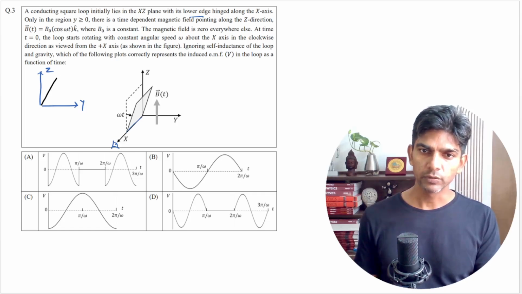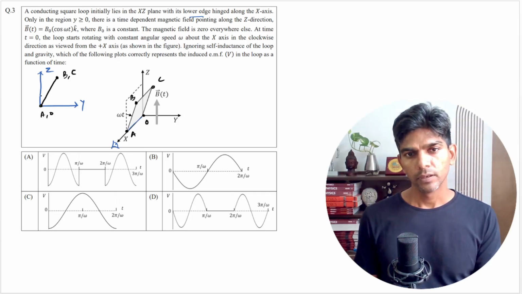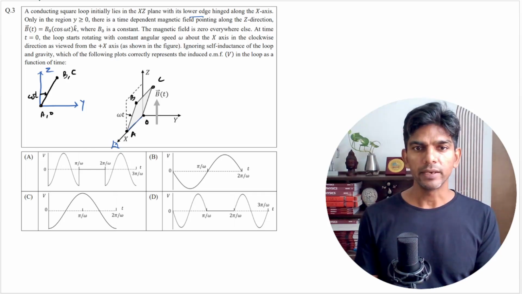Let me name it: this is A, this is O, this is B, and this is C. So this side will be BC and this will be AO. Now this angle is omega t. So if I show the area vector, let us take a normal to this area. So this will be the area vector.